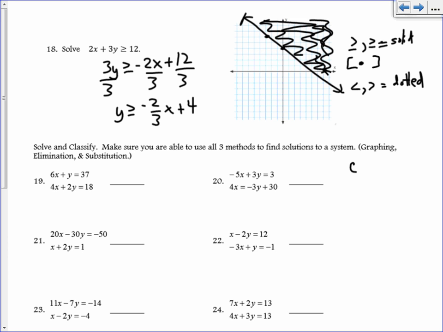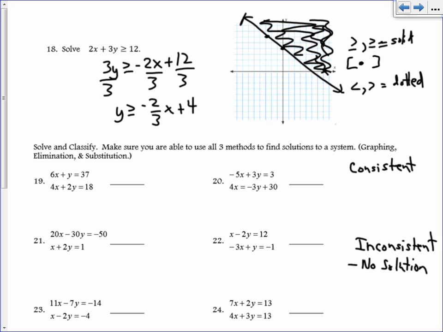Remember, there are 2 types of systems. There's a consistent system, and there's an inconsistent system. What does inconsistent mean? No solutions.